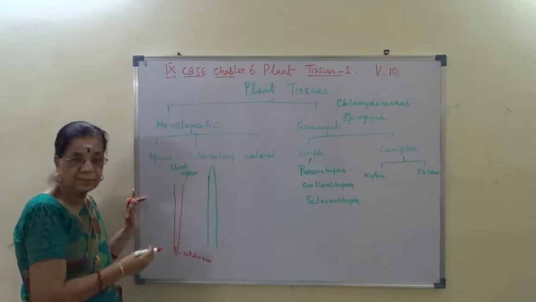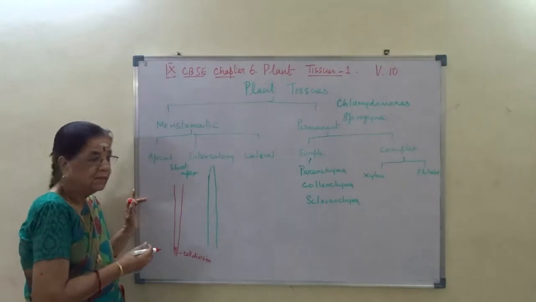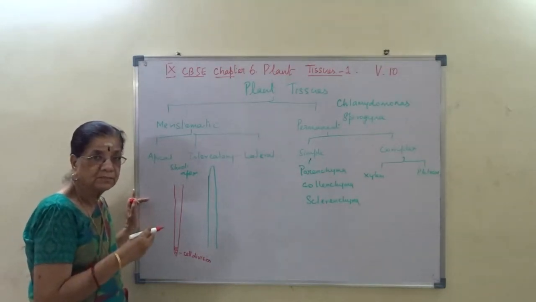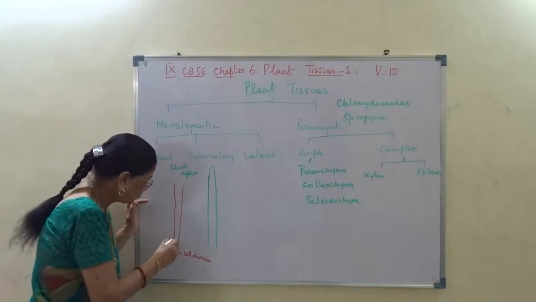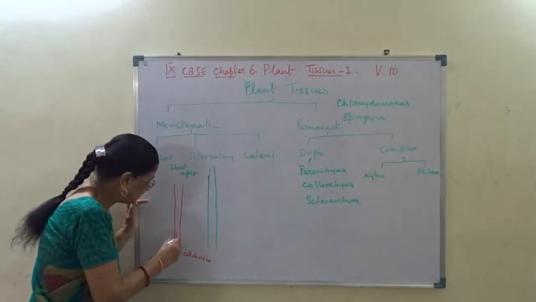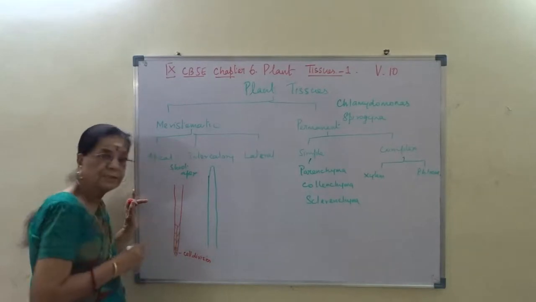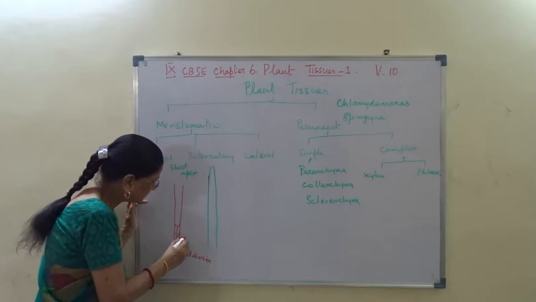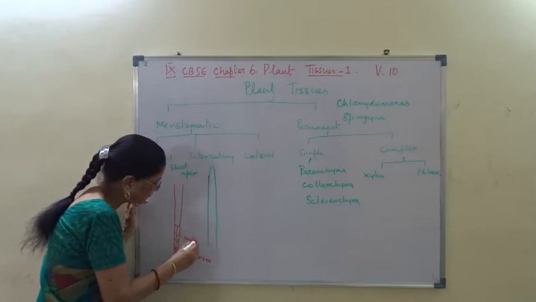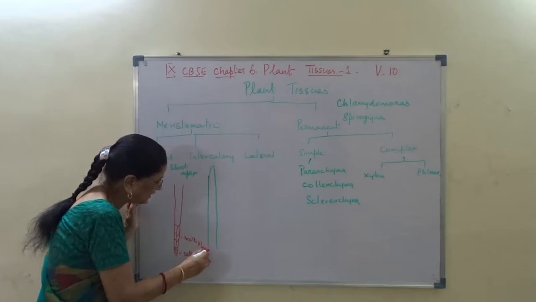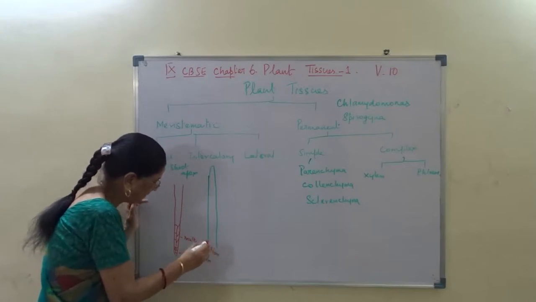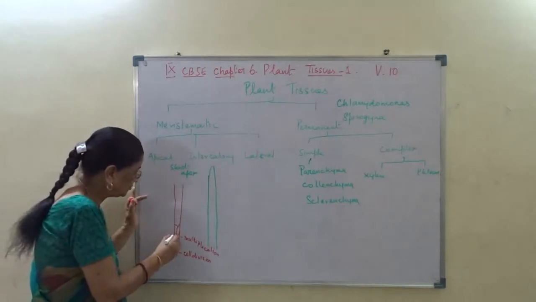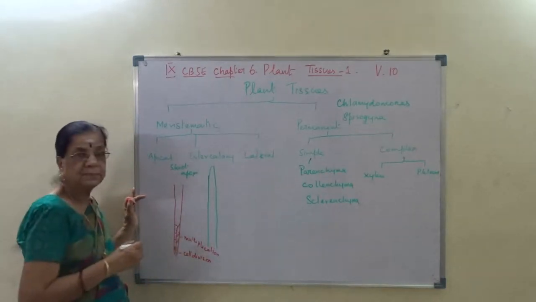The root meristem undergoes cell division by mitosis. As the cell divides, two cells are forming. So here this is the region of cell multiplication, because one cell is becoming two.